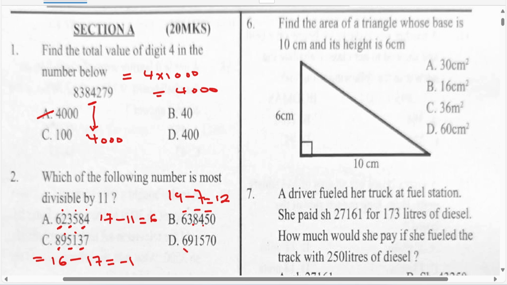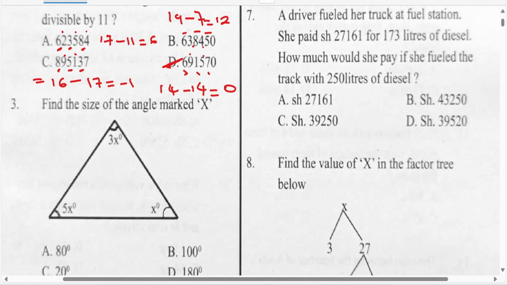So basically choice D is your answer, but let's confirm. 6 plus 1 plus 7 gives us 14, and 9 plus 5 gives us 14, so the difference is 0. So basically D is your answer.